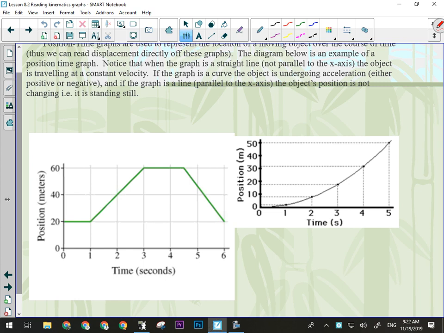Now, what is the object doing between 1 second and 3 seconds? It's moving at a constant speed, or a constant velocity, in a forward or positive direction. How do I know that that line is showing me something moving at a constant velocity?